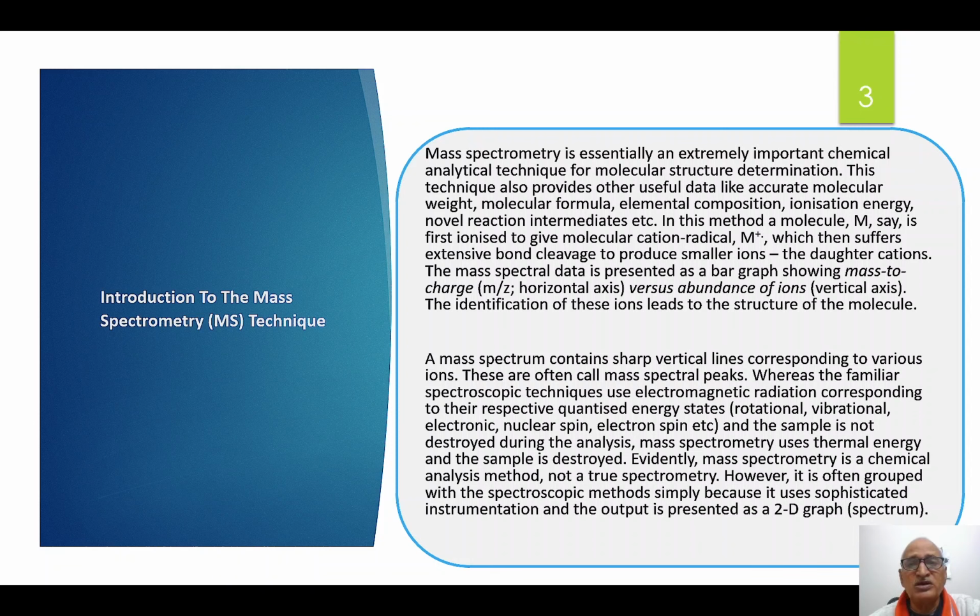The mass spectral data is presented as a bar graph showing mass to charge, that is m by z, along the horizontal axis versus abundance of ions along the vertical axis. The identification of these ions leads to the structure of the molecule.